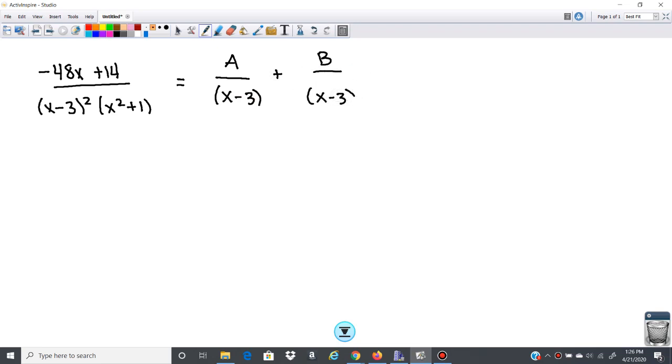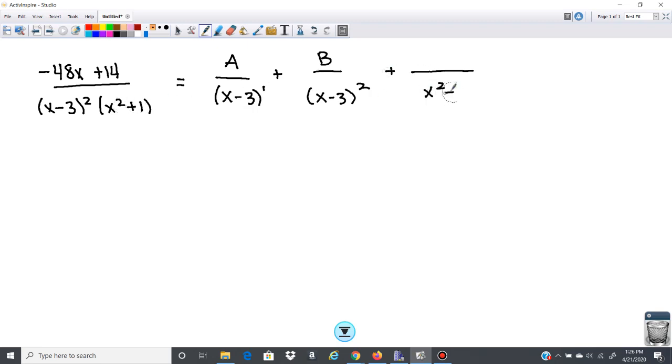Now, I know if you're multiplying it out, that would be x minus 3 cubed. But with repeated linear factors, we're just going in ascending order until we get the degree that we're going to. Okay, then this next factor, you have x squared minus 1.